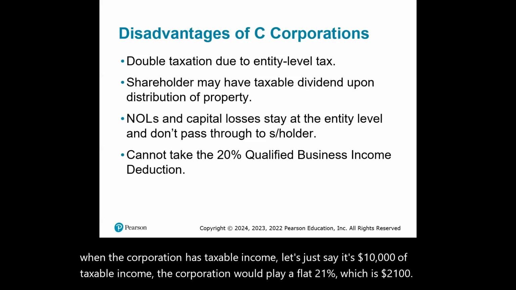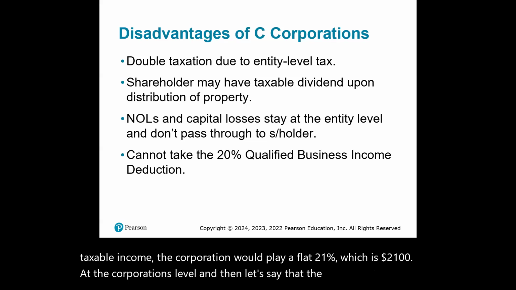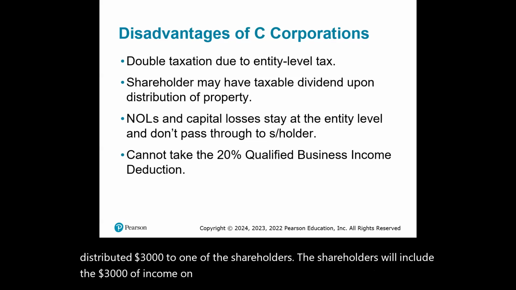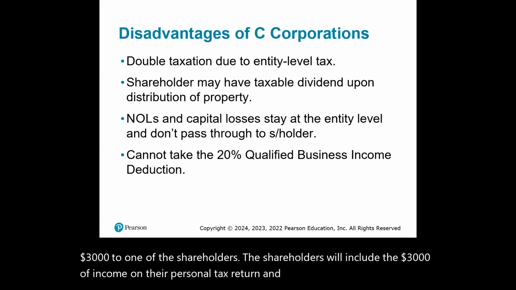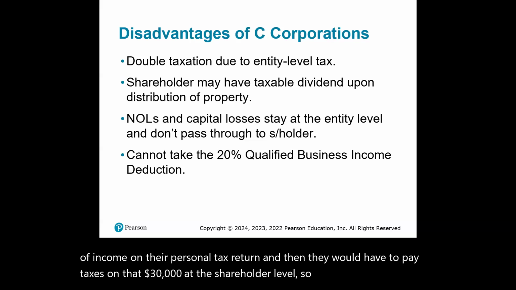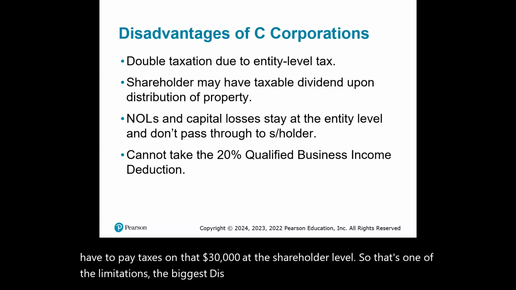And then let's say that the corporation distributed $3,000 to one of the shareholders. The shareholders will include the $3,000 of income on their personal tax return, and then they would have to pay taxes on that $3,000 at the shareholder level. So that's one of the biggest disadvantages of a C corporation.